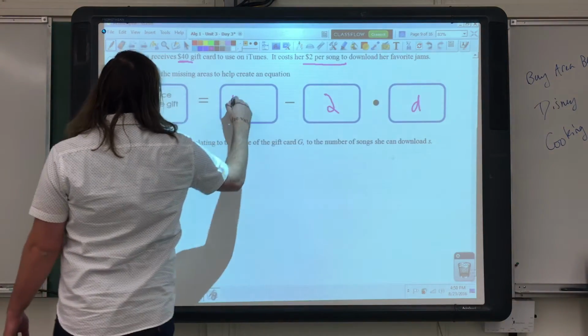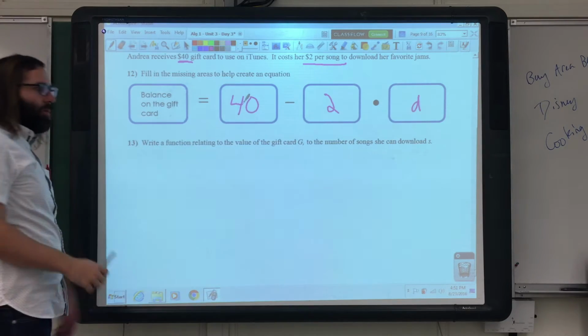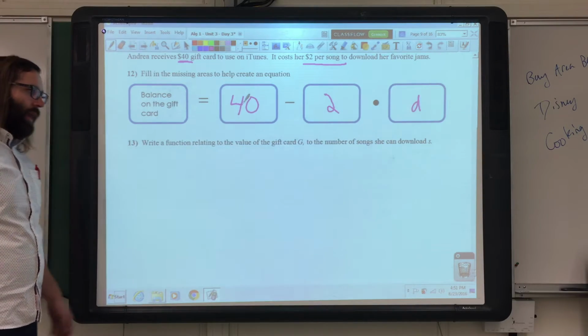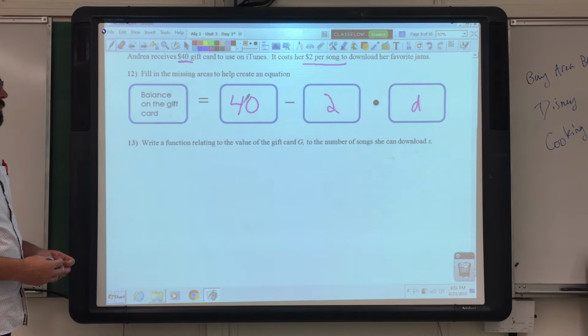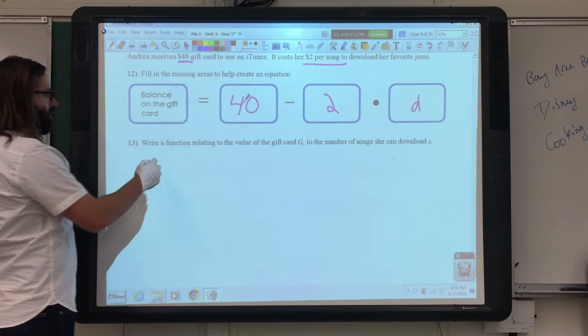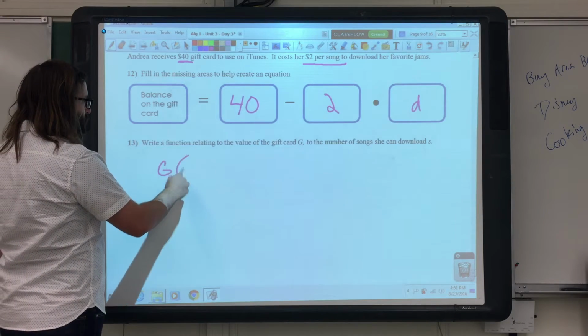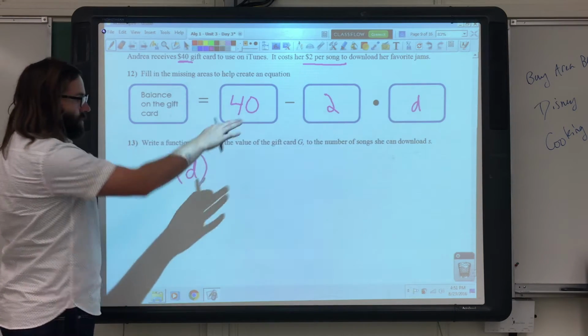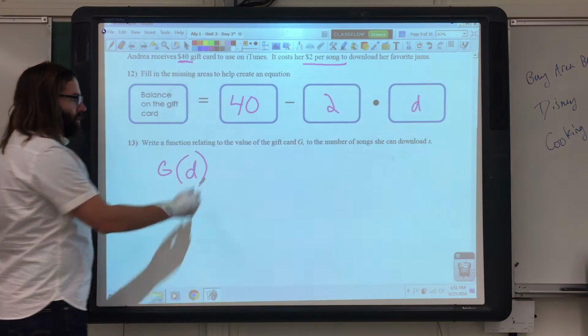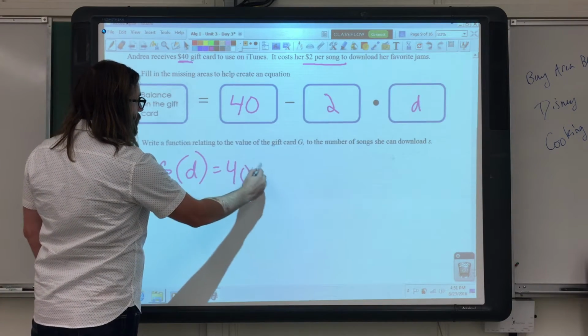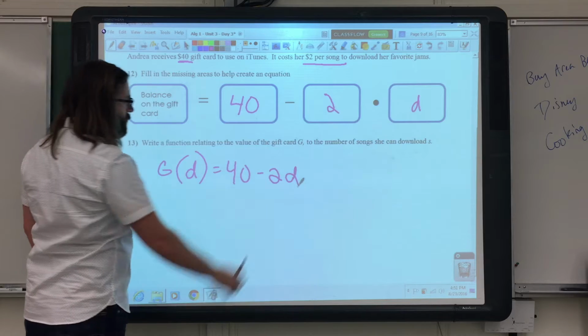And we know that we started with 40, and every time we download a song, it's going to take money away from that. So our function, G as a function of, I know it says S, but I use D, is equal to 40 minus 2D.